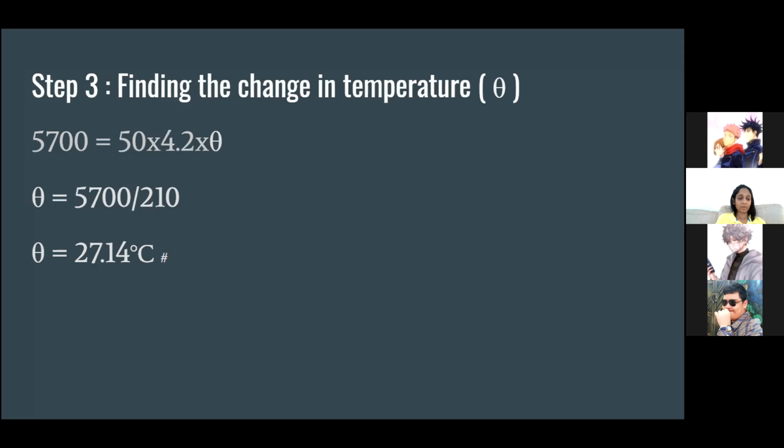Next is to find the change in temperature. You just substitute into the formula Q = mcθ. Q is 5,700, mc is 50 times 4.2, and θ is the change in temperature. If you rearrange everything, you get 57 divided by 210. 210 is 50 times 4.2, and then you get the change in temperature as 27.14 degrees Celsius.